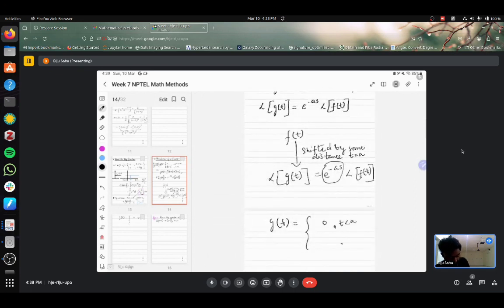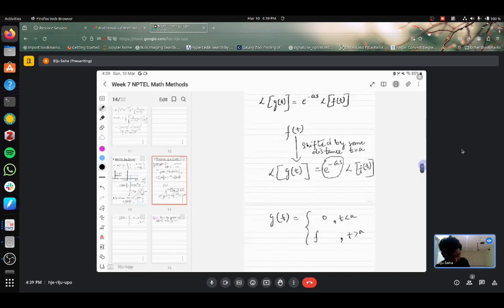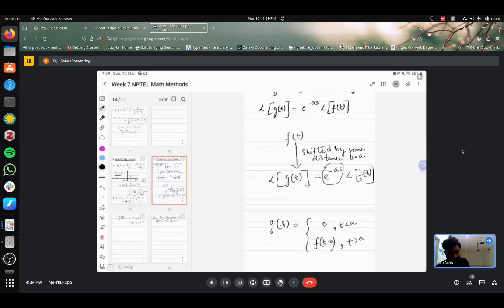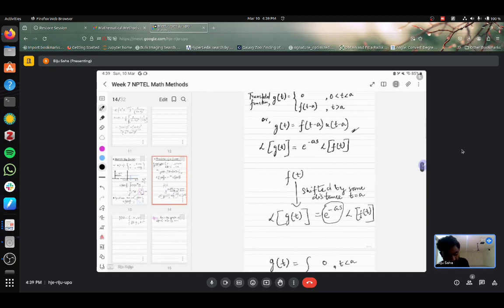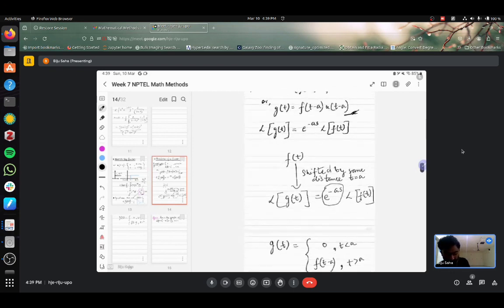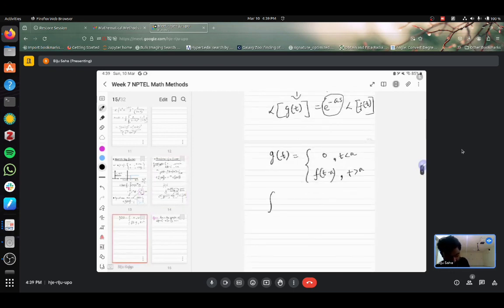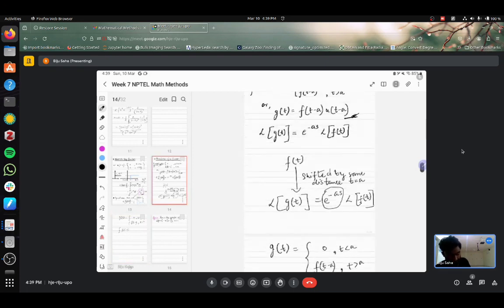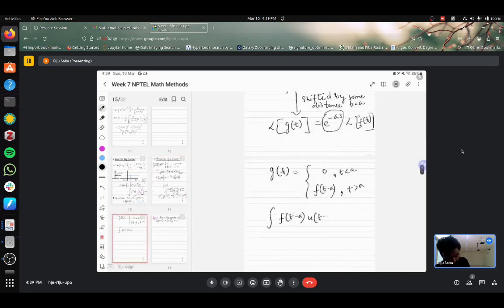And for values greater than a, the definition is this. So in one line we could express our g of t in this format. After that we perform the traditional integral, that is, f of t minus a, u of t minus a, e to the power minus st dt.